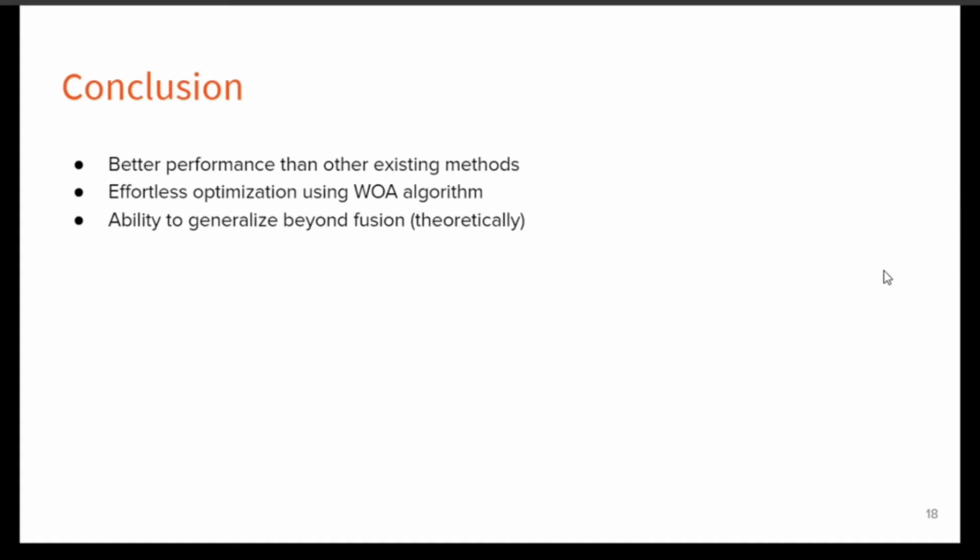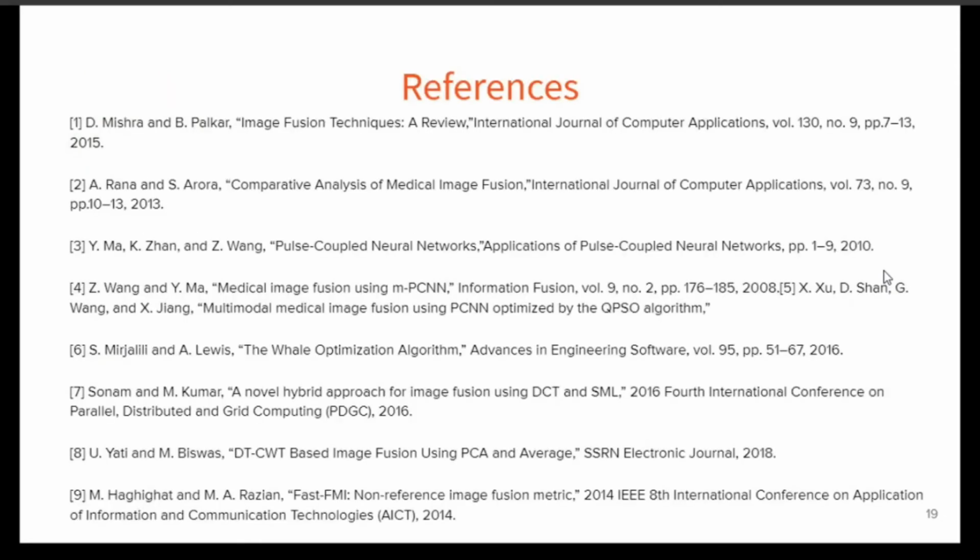In the future scope of the research, we would like to extend the algorithm to other areas of image processing beyond fusion and even apply it to other modalities of images. We have here some of the references that we have used in this field of work.